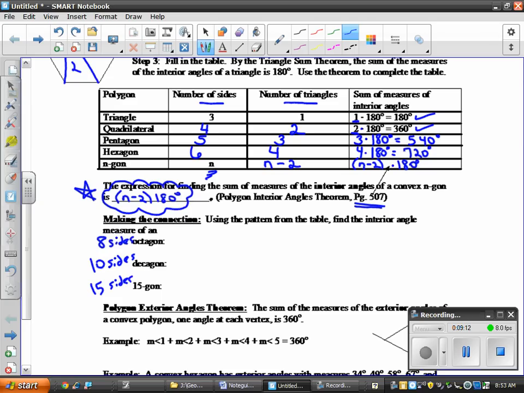Now, I'm just looking at it. We have triangle, quadrilateral, pentagon, hexagon. Hepta, by the way, is 7, so let me just put that in case you've forgotten, heptagon. 8 is octagon. 9, we could either say a 9gon or a nonagon.